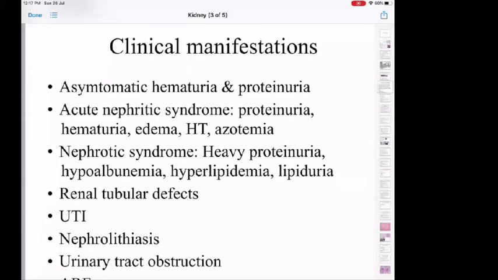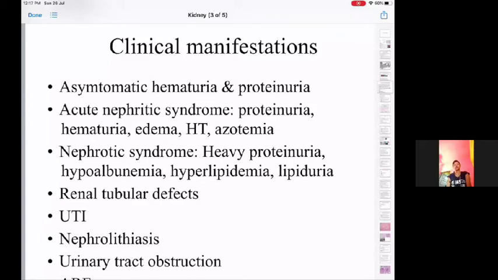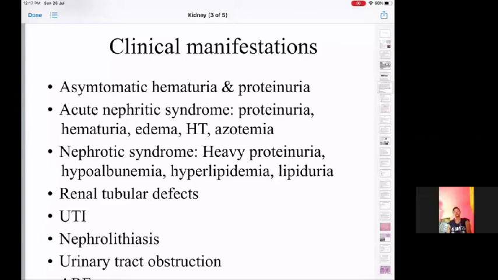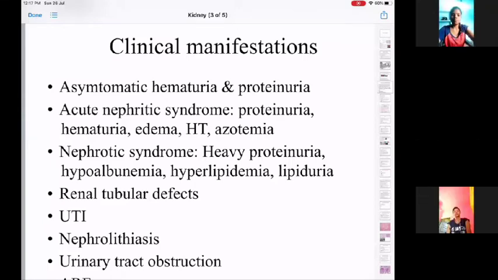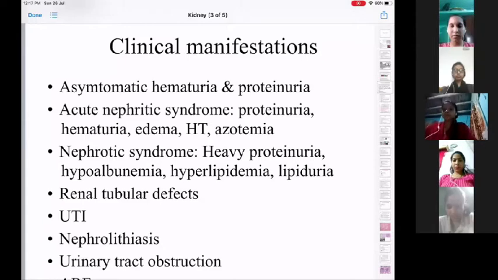If proteinuria is heavy, then it causes hypoalbuminemia, because albumin is a protein, and if protein is lost in the urine, then in blood a low level of albumin is present. So hypoalbuminemia is the result of heavy proteinuria. Third is hyperlipidemia. This is a manifestation of nephrotic syndrome, and if hyperlipidemia occurs, then lipiduria is a manifestation of hyperlipidemia. So everything is interlinked.